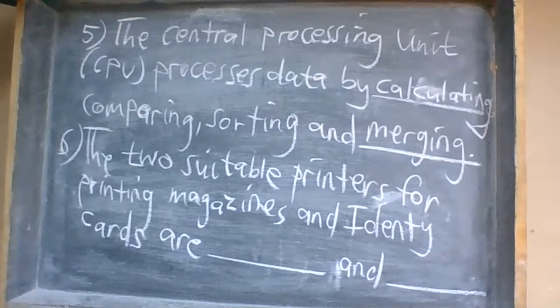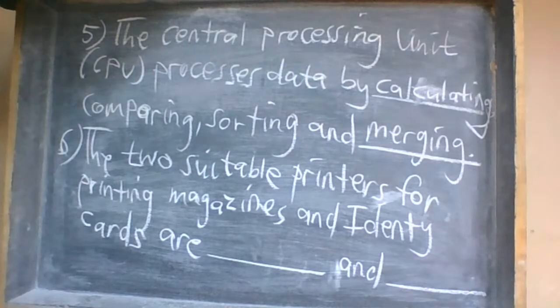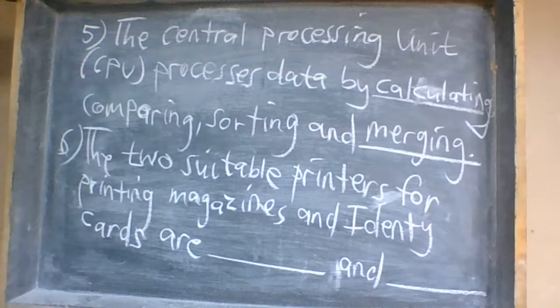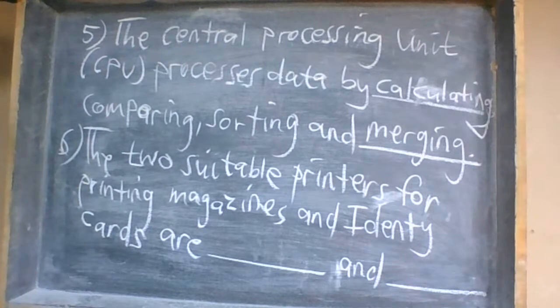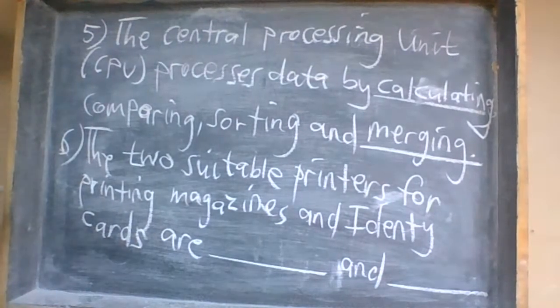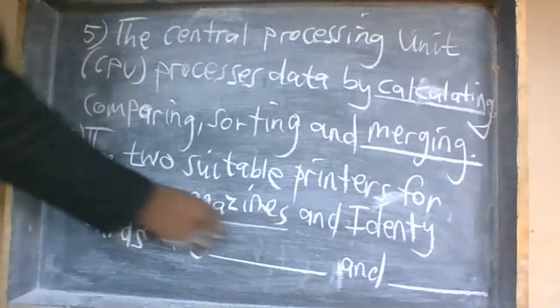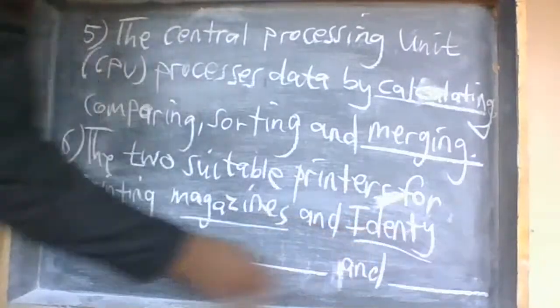Now, the types of printers are categorized into two major categories, but I'll not go in that direction. We just want the names of the printers which can be used to print magazines as well as the IDs.